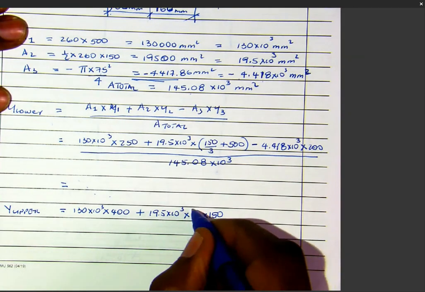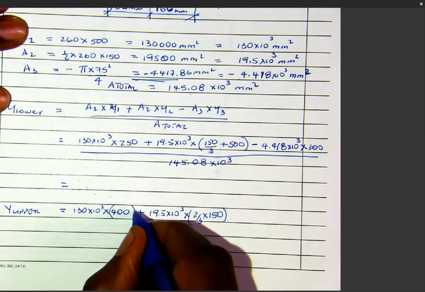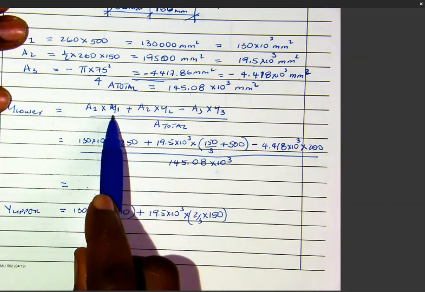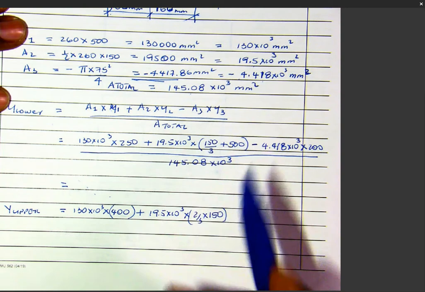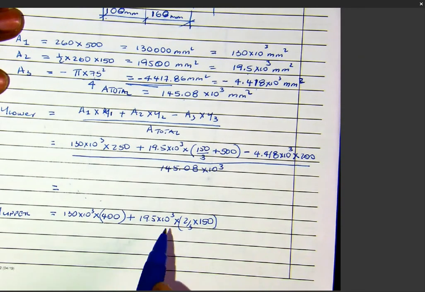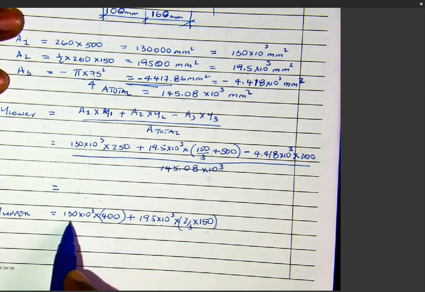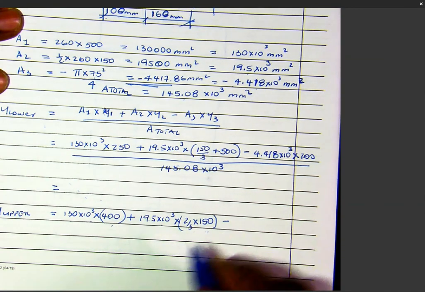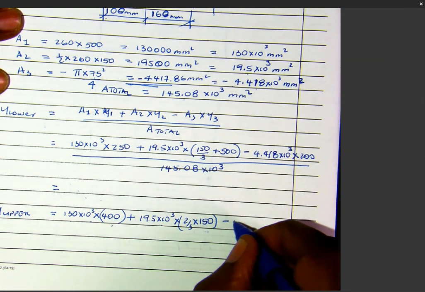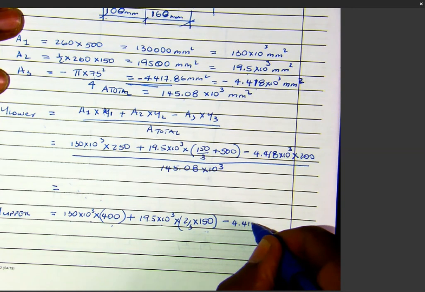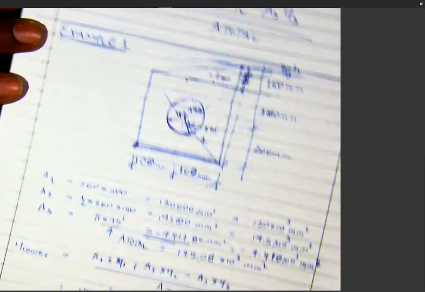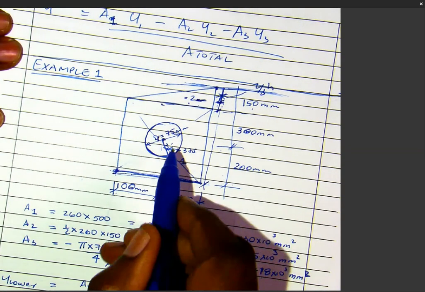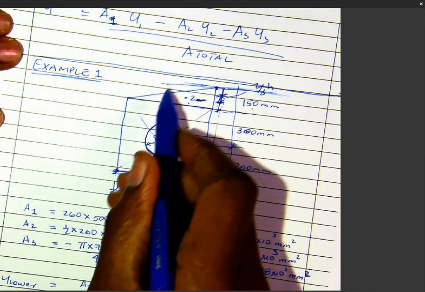So this is my x's. These are my y1, y2 and y3. Okay, these are my distances. This is the area, this is the distance. This is the area, this is a separate one. 4,418 times 10 to the power 3 times... Now I want the distance from the center of this area to the far top.